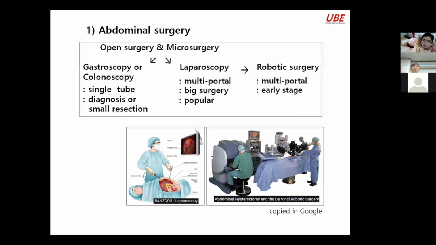But the other type of endoscopic surgery, laparoscopy, is multiportal big surgery. This is the most popular procedure, and laparoscopy can do everything in abdominal surgery. Now some hospitals have robotic surgery, which is based on the multiportal laparoscopic system.